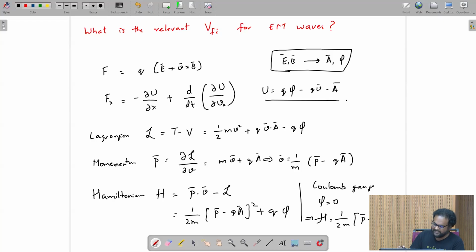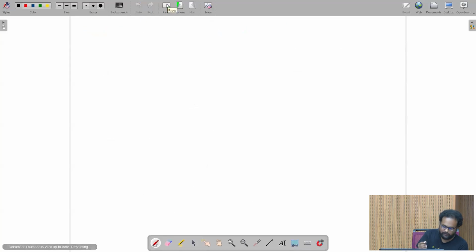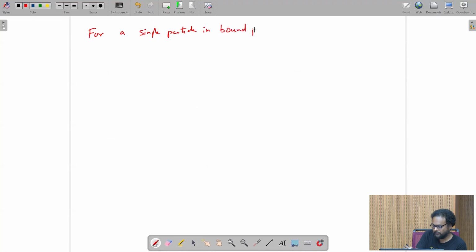Okay, cool. So this is the radiation field, but of course, in a realistic system, what I have is a single particle in some bound potential. It's not a free particle. So in the absence of the field, you're fine with this. For a single particle in a bound potential, let's say V naught, which is not time varying, it's a bound potential.